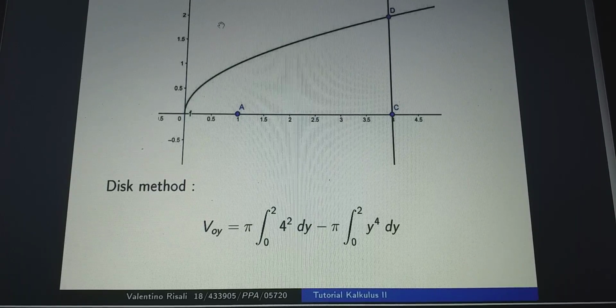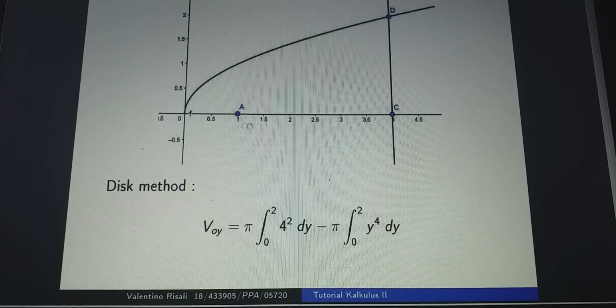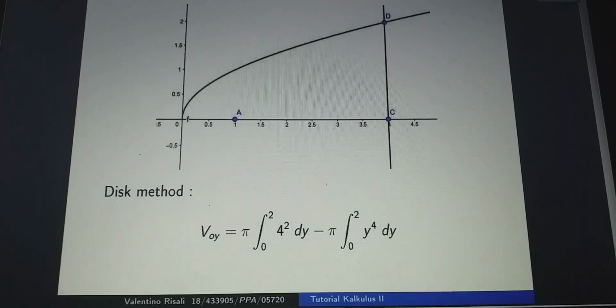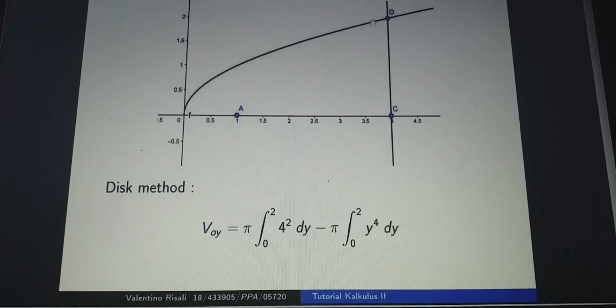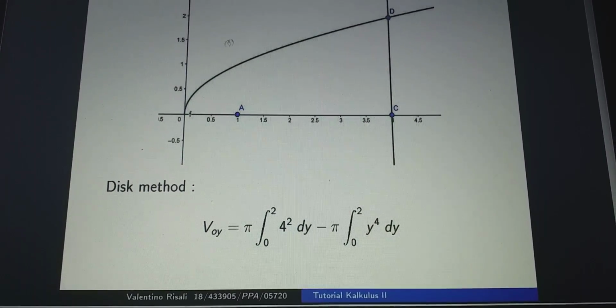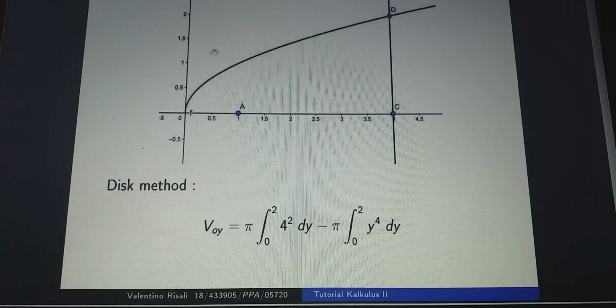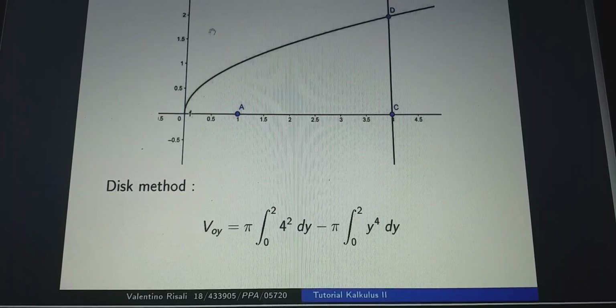We can get its volume by finding the volume of this region revolved about the y-axis first, and then subtracting the volume of this region revolved about the y-axis.